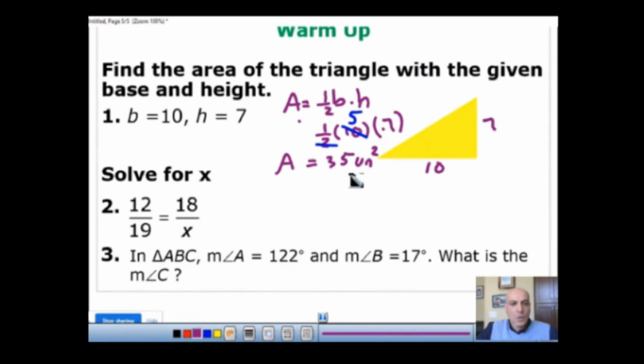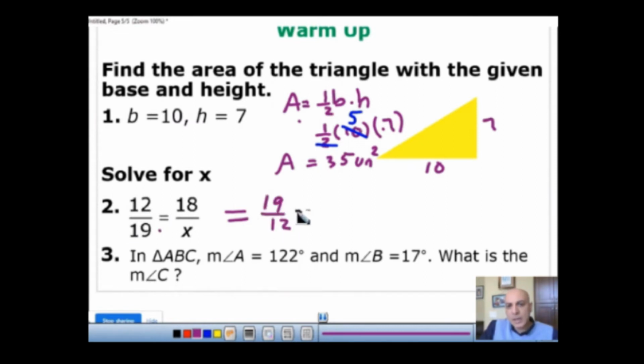Number 2 says solve for x. This is when you cross multiply. Before I do the cross multiplication, I want to show you that this is exactly the same as flipping these, meaning 19 over 12 and x over 18.